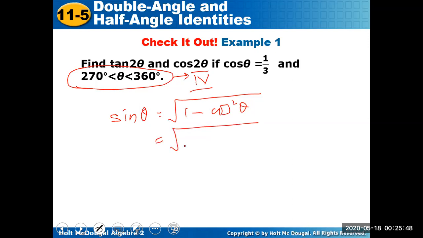We use it and simplify to get only sine theta. So 1 minus cosine theta, which is given as 1 over 3, the whole square. And then we can simplify this. Square root of 1 minus 1 over 3 the whole square is 2 root 2 over 3.